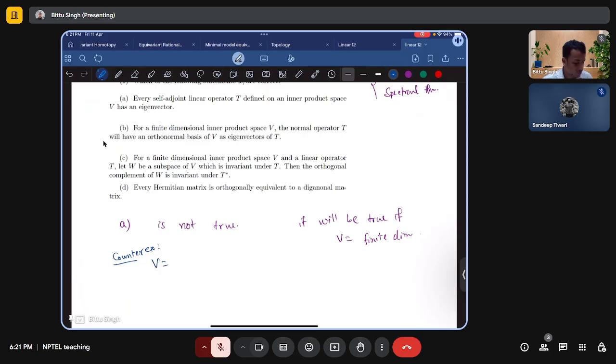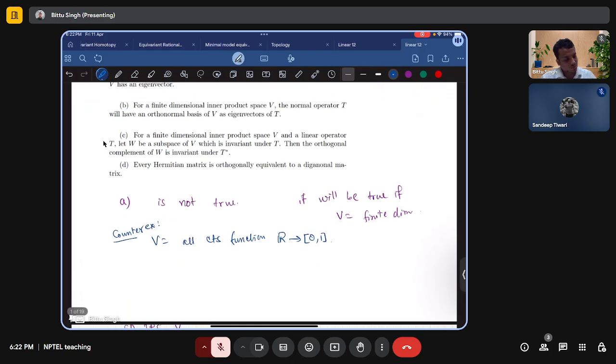Consider the vector space V, which consists of all continuous functions from R to R, or on the closed interval 0 to 1.